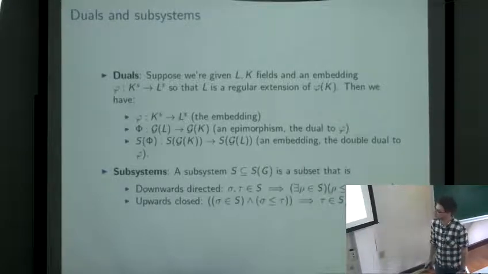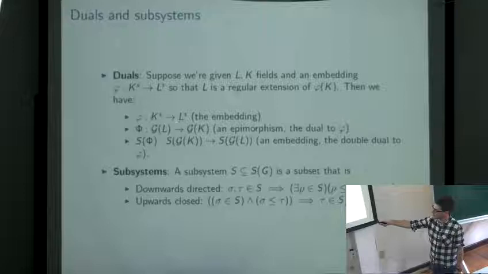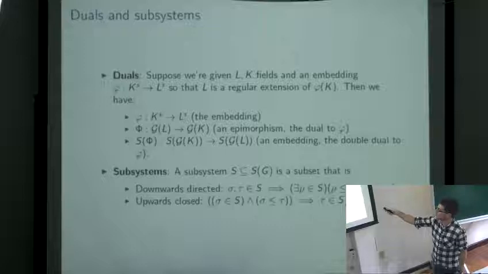That case will be the important one for us. So we have this embedding from Ks into Ls, and this induces a map from G of L to G of K. If you take an automorphism here, that is the same thing as an automorphism of the image of this by the isomorphism.